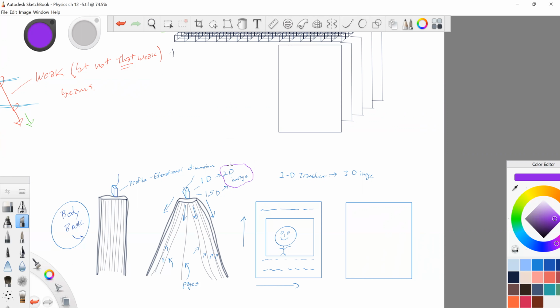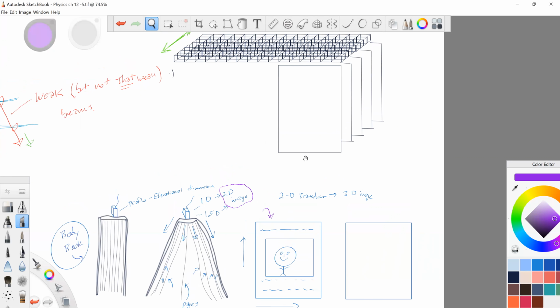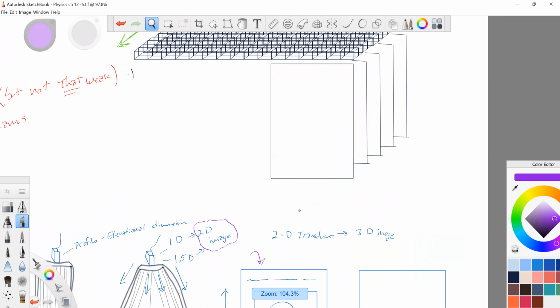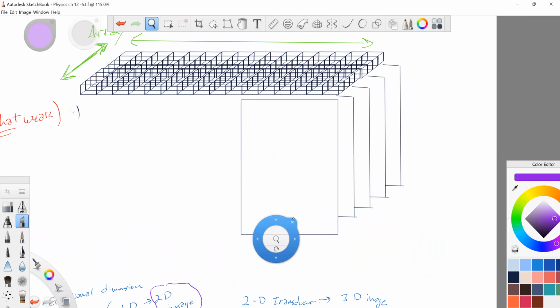We could think of it as more like maybe 25 pages of that book, but still it's considered one page, and it produces one page of information. A 3D image, this is what I should have drawn here, is those multiple pages. 1, 2, 3, 4, 5.